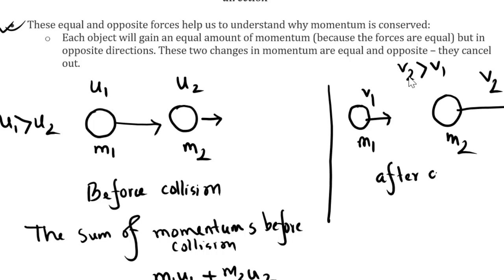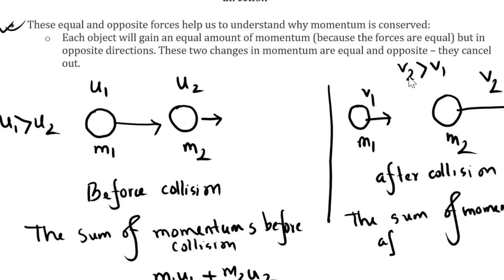And after collision, the sum of momentums will be m1 v1 plus m2 v2.